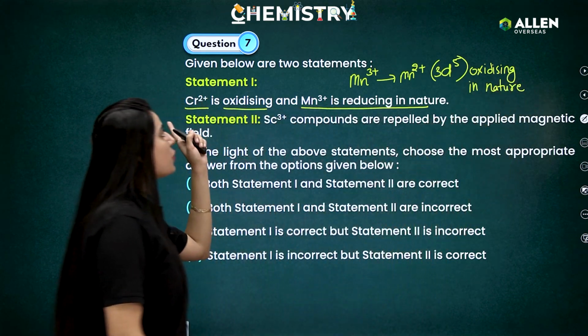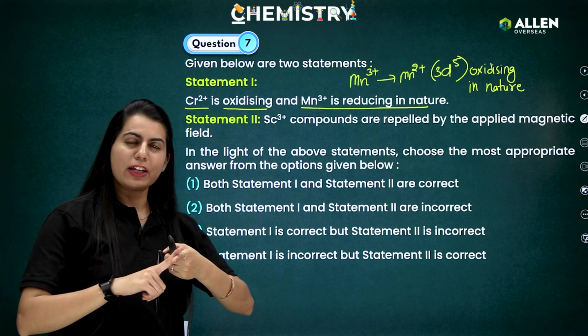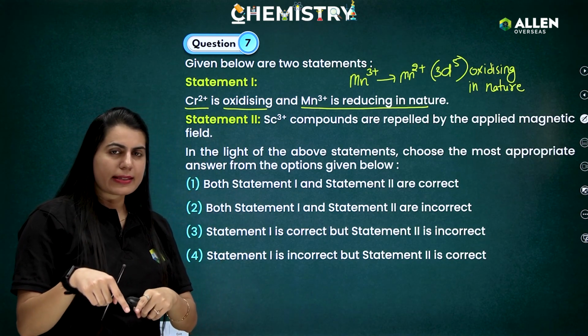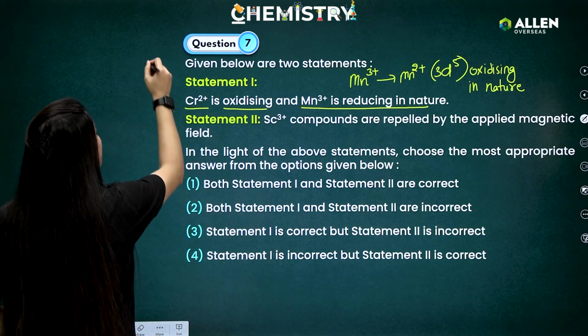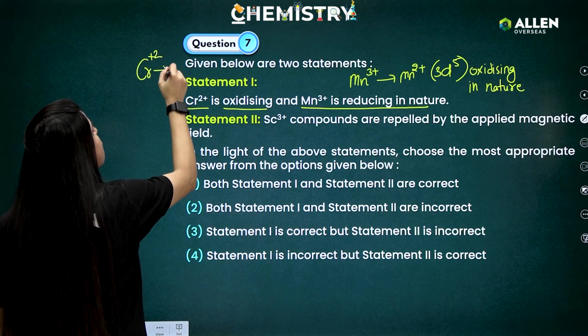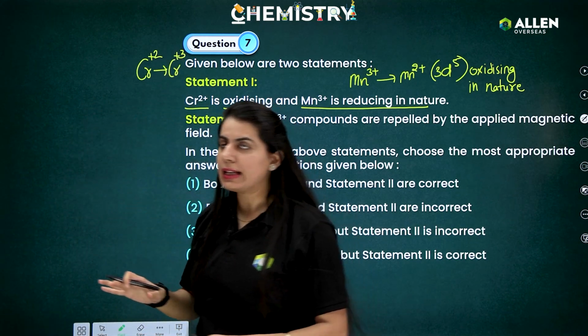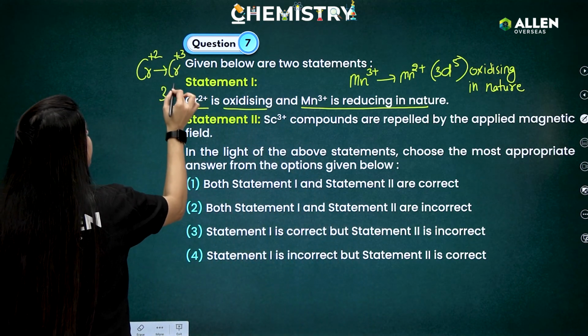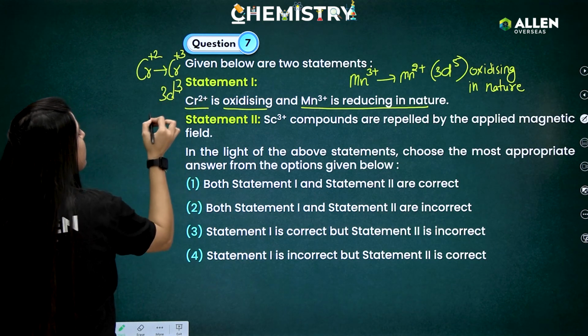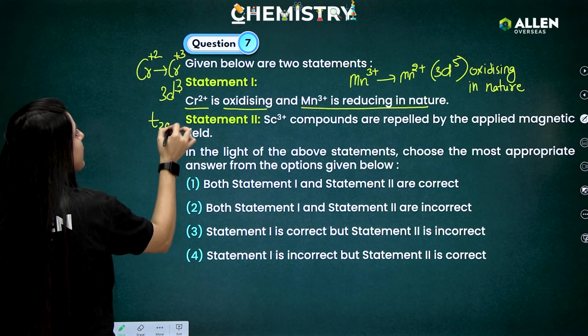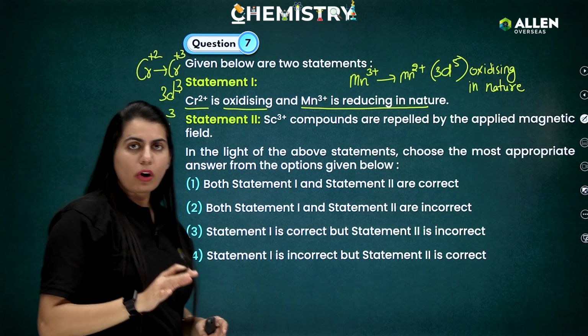And when I say chromium +2 is an oxidizing agent, it means it wants to reduce itself. That's not true. Actually, chromium +2 wants to oxidize itself, because when it is in +3 state, it is a d3 configuration. And by the concept of t2g3, it's quite a stable configuration.